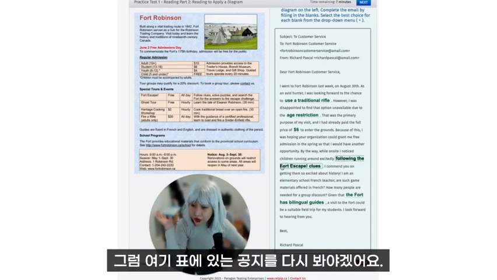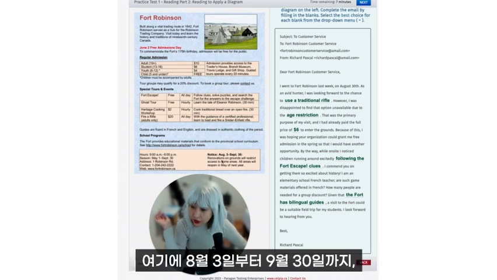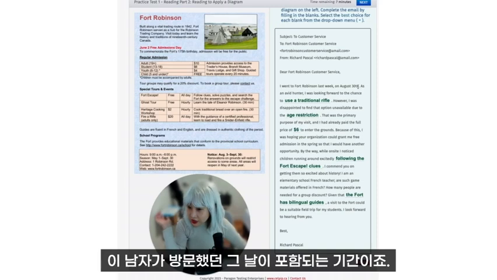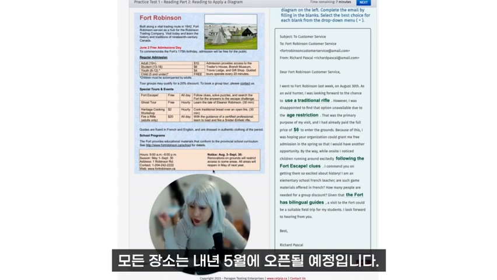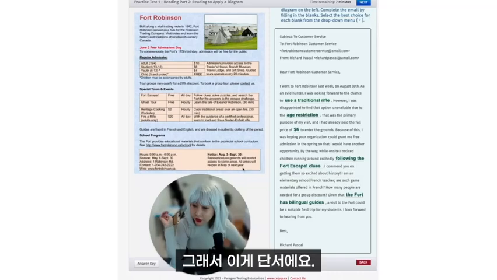I had to come back to the diagram for this notice. It says August 3rd to September 30th, which is part of the date that he visited Fort Robinson. Renovation on grounds will restrict access to some areas. All areas will be open in May next year. So that's the clue. So there were two clues.